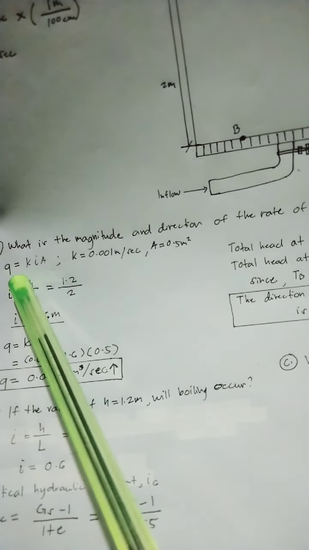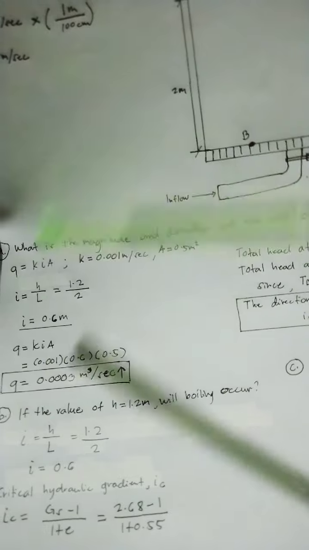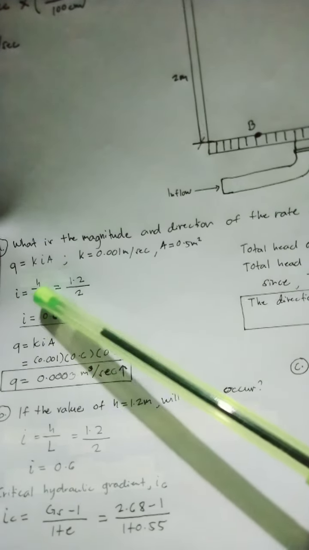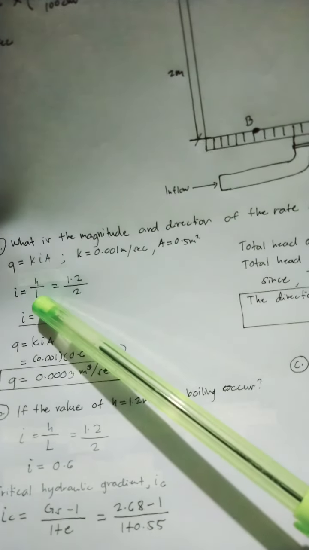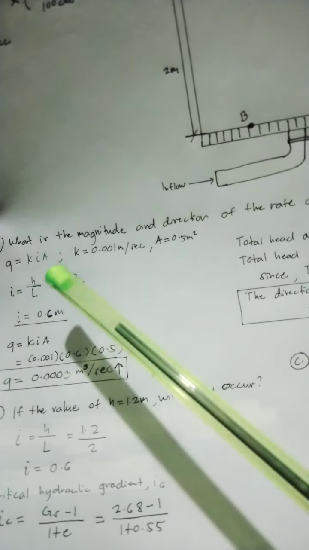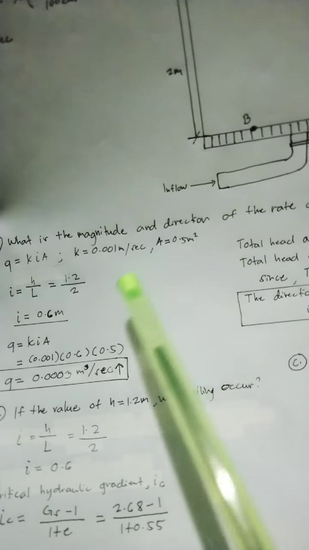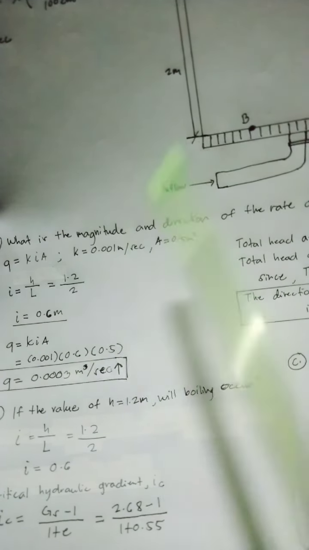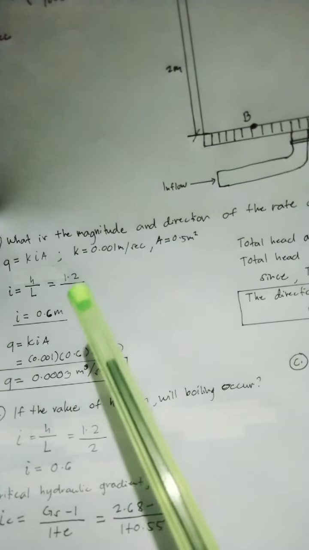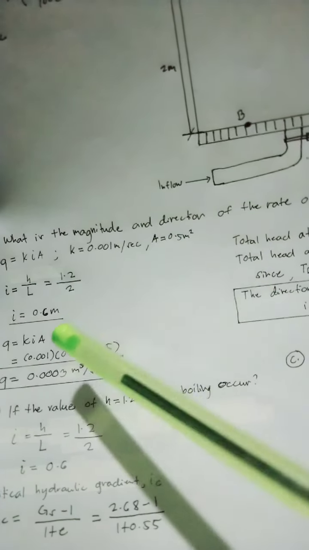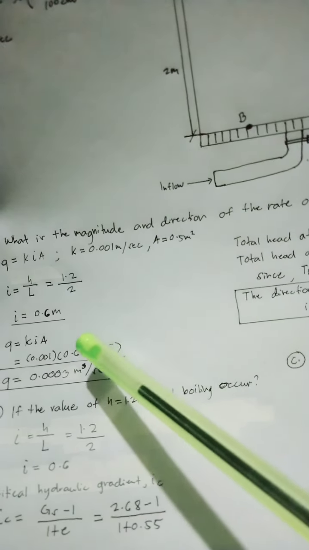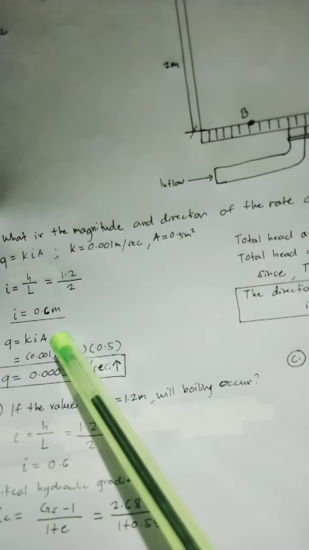the first thing that is unknown is the hydraulic gradient. The formula for the hydraulic gradient is the head loss over the length. Since the head loss is given, which is 1.2 meters, and the length for the sand is 2 meters, we find that the hydraulic gradient is equal to 0.6.